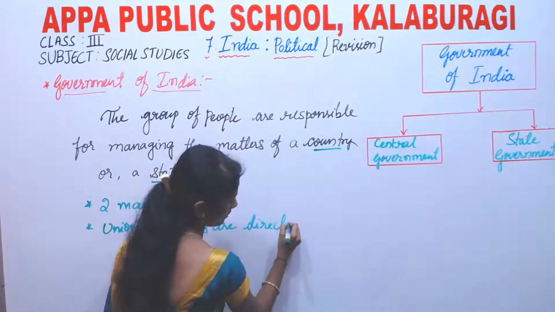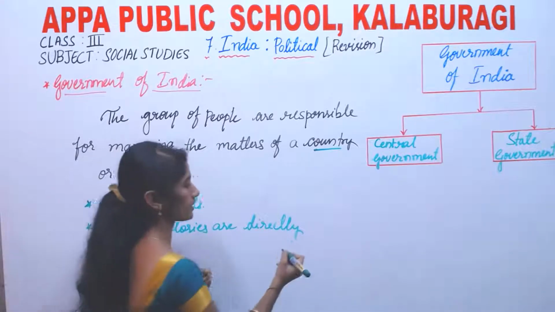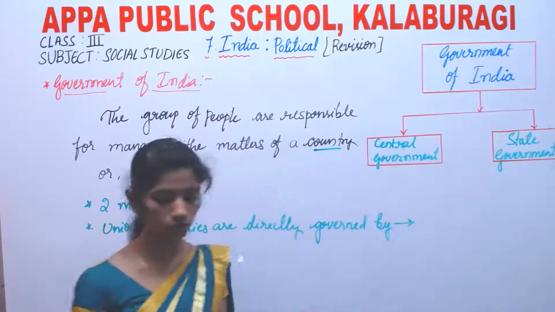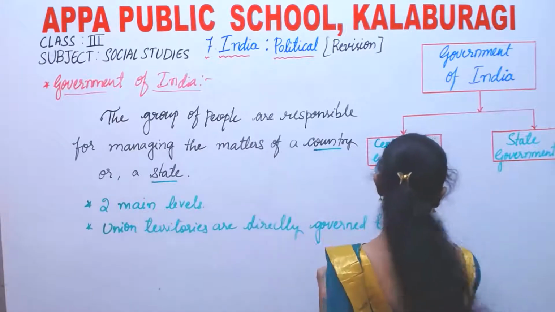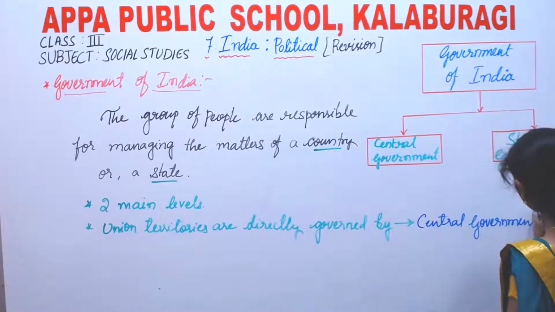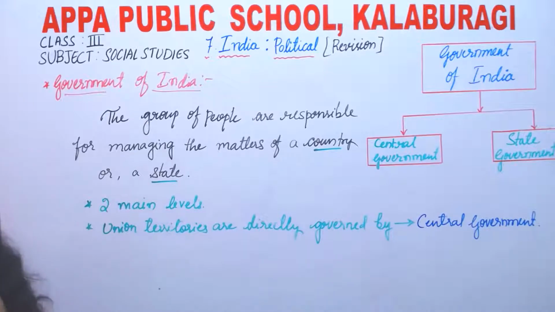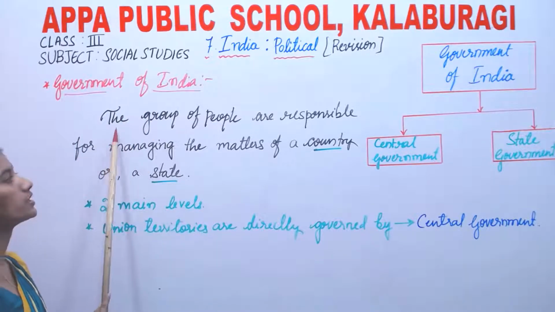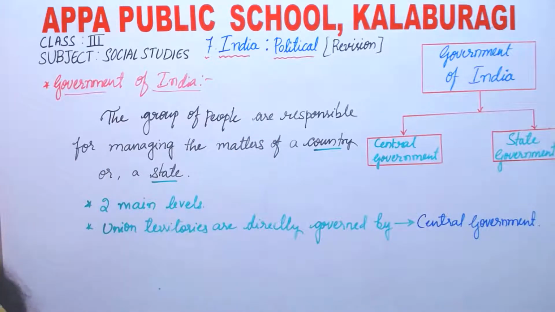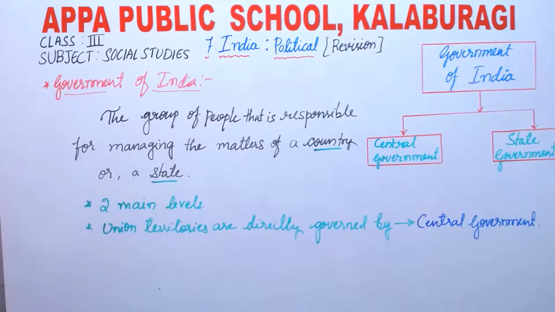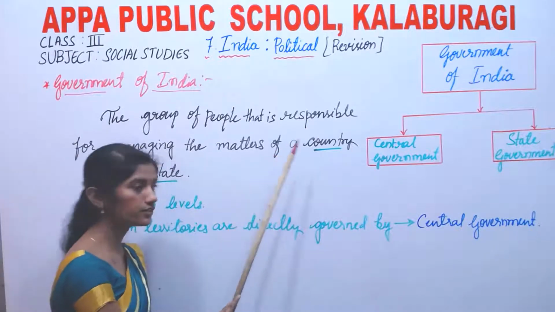The union territories are directly governed by the central government. So the government is the group of people that is responsible for managing the matters of a country or a state.